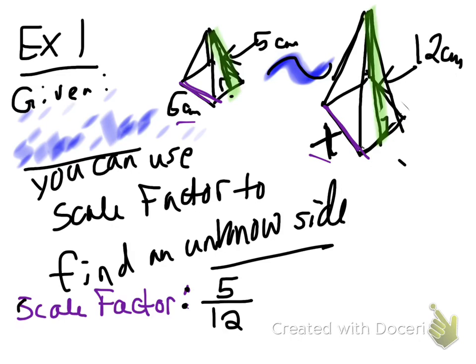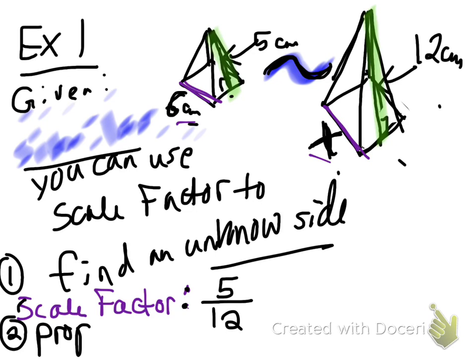Okay, so we can find the length of the unknown side by setting up a proportion. You know that the scale factor between the slant heights, the 5 and 12, is going to be the same as the scale factor between the 6 and x, because they are similar. So first you find your scale factor, second, set up a proportion.